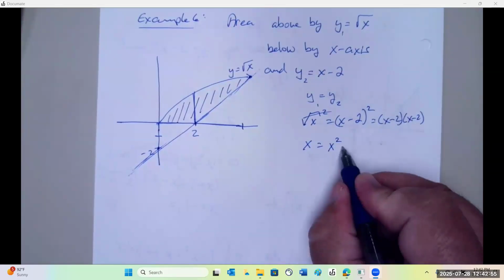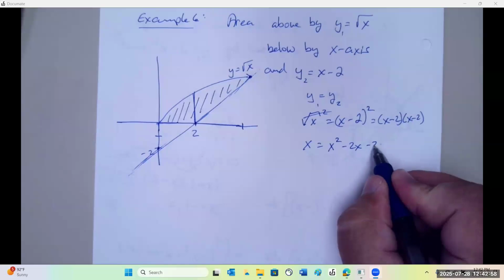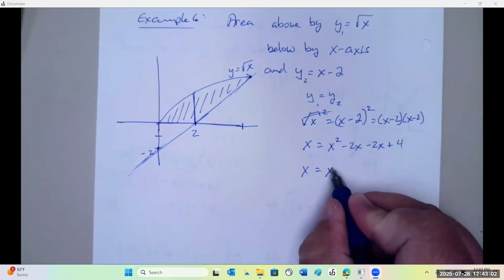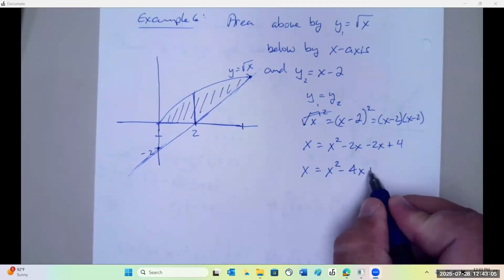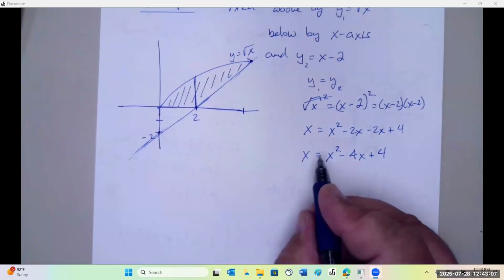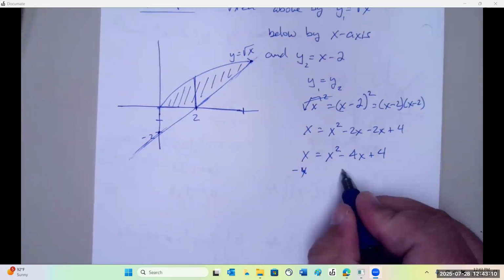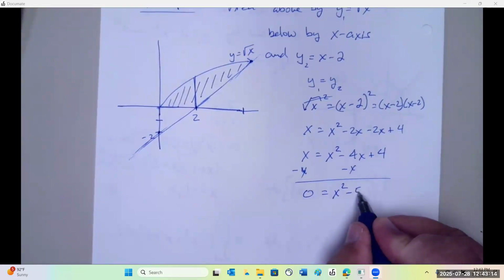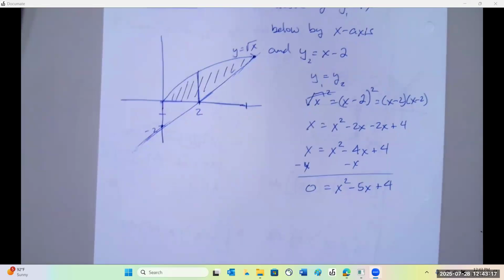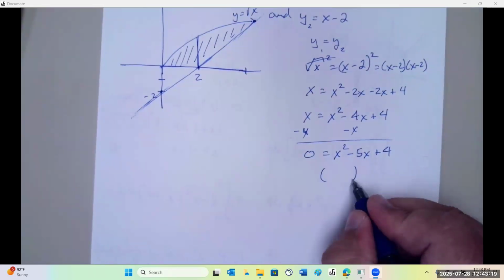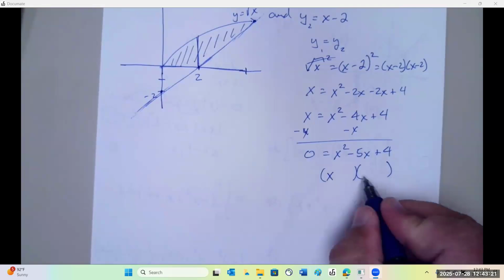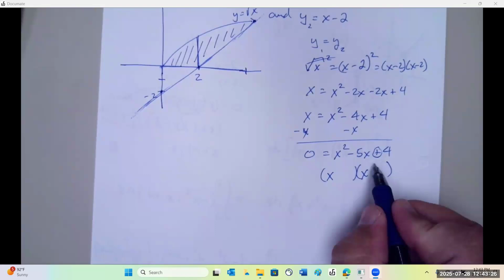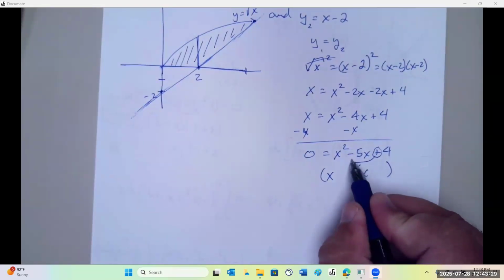x squared minus 2x minus 2x plus 4. Subtract x from both sides. 0 equals x squared minus 5x plus 4. They're both going to be the same signs, but the second sign's a plus, so they're both going to be minus.